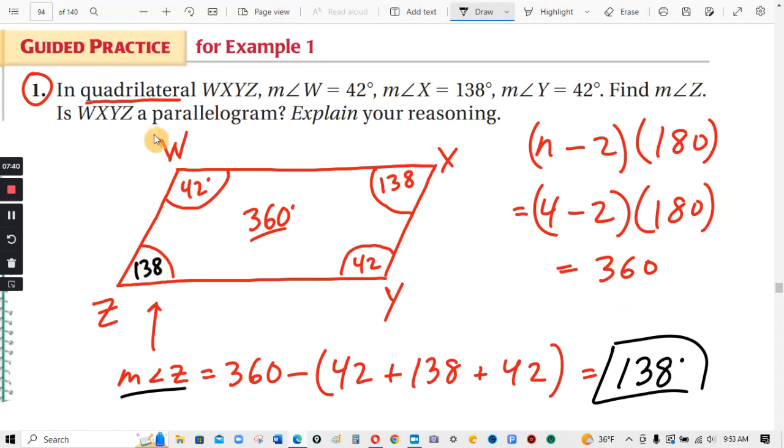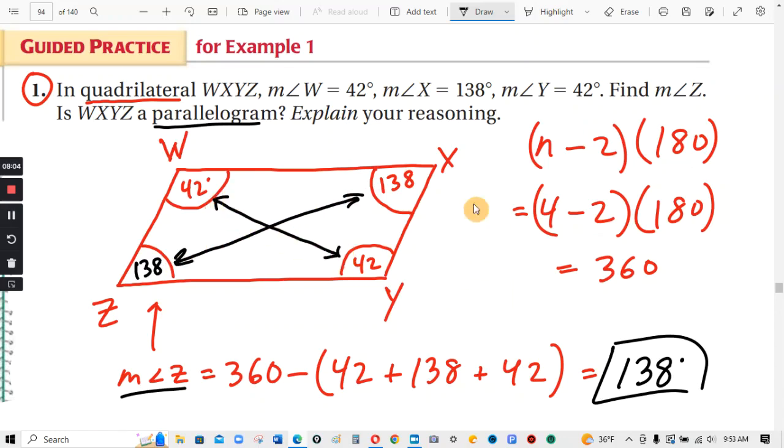And now they're asking, is it a parallelogram? Well, let's see. We have 4 angles. How about we check opposite angles? We have 138 and 138. Remember, opposite angles for the quadrilateral, you go diagonal. And we have 42 and 42.